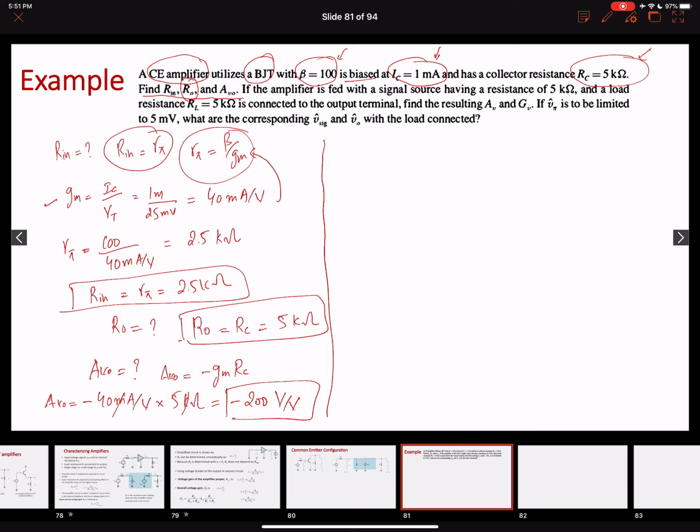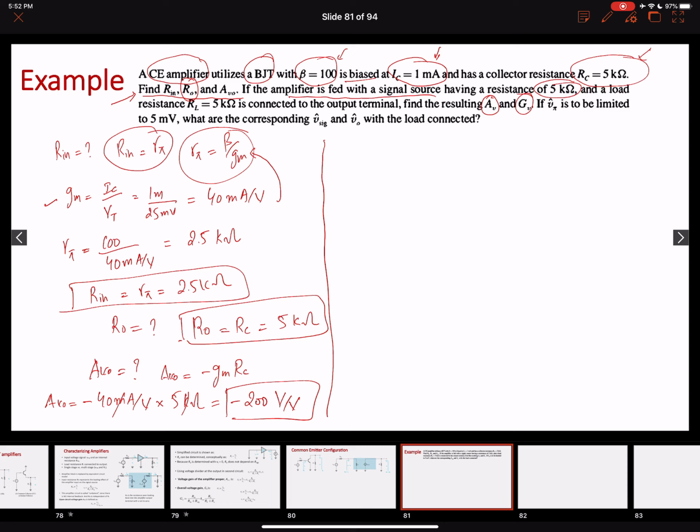Okay, great. So we ended up solving this first part where we wanted to find the value of the input resistance, the output resistance, and the open circuit voltage gain. Now let's look at the second part of it. If the amplifier is fed with a signal source having a resistance of 5 kilo ohms and a load resistance of 5 kilo ohms is attached to the output terminal, we want to find the voltage gain of the amplifier with the resistance attached and the overall voltage gain.